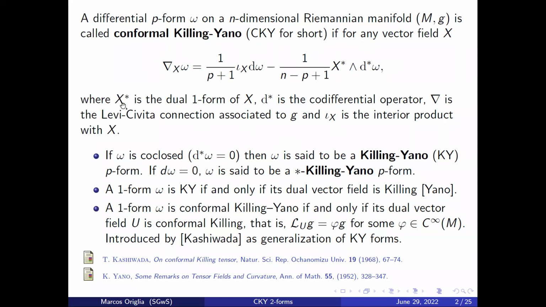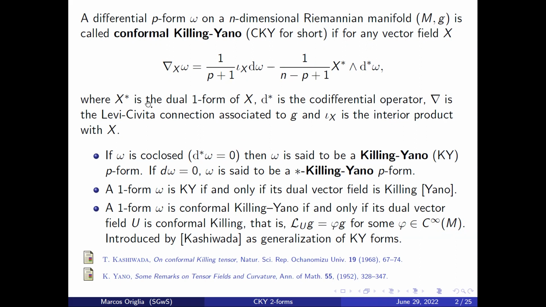Here X* denotes the dual form of the vector X. The star is the codifferential operator. Nabla is the Levi-Civita connection associated with the metric. And there are particular situations of this equation.